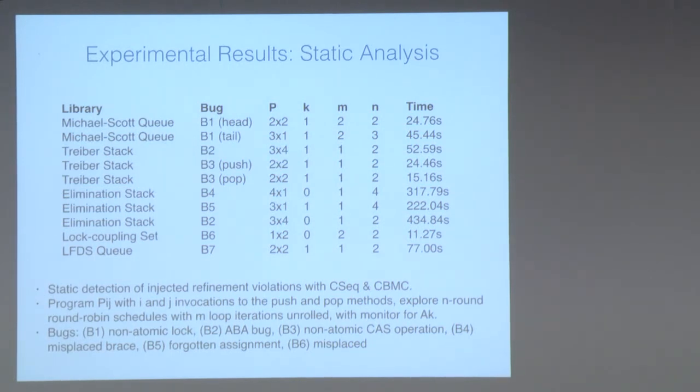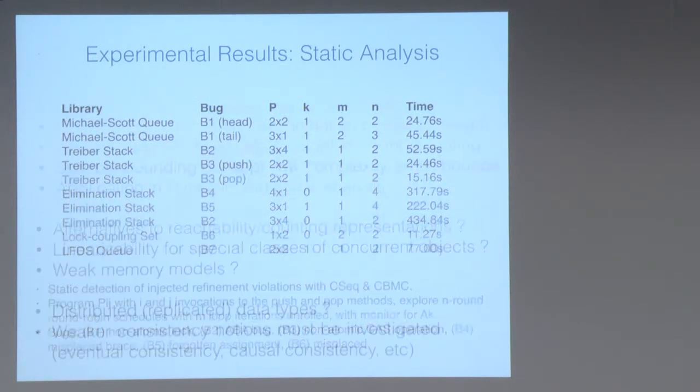And you see with these bounds, the times are quite reasonable. But the interest here is that with this method you can reduce the reasoning of observational refinement to what the existing tools can do.